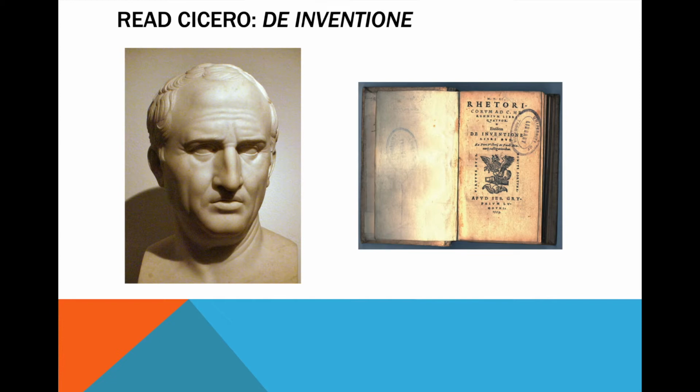And when we focus on invention, we're focusing on that aspect of rhetoric where the orator considers the available arguments and chooses those arguments which are most likely to secure the decision he or she is looking for.